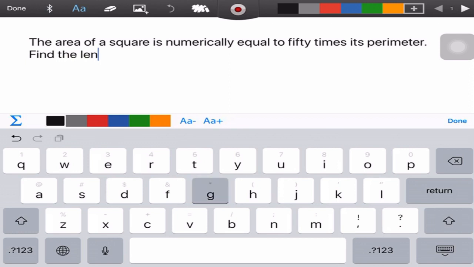Find the length of a side of the square.